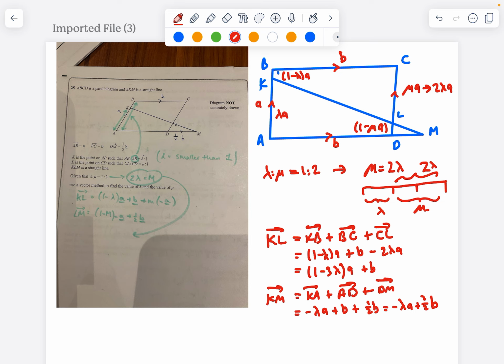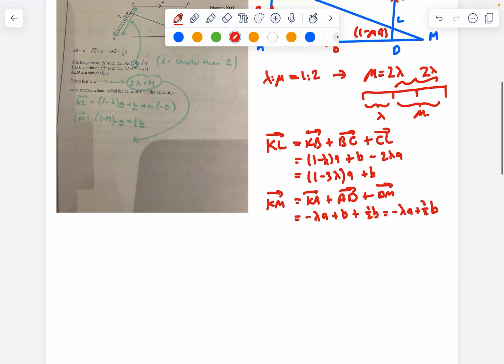So now I've got to try and work out the fraction of KL that is KM, because KL is equal to something times KM. Let's compare the A's. For KL, I've got 1. Let's do the B's. The B's are really easy.